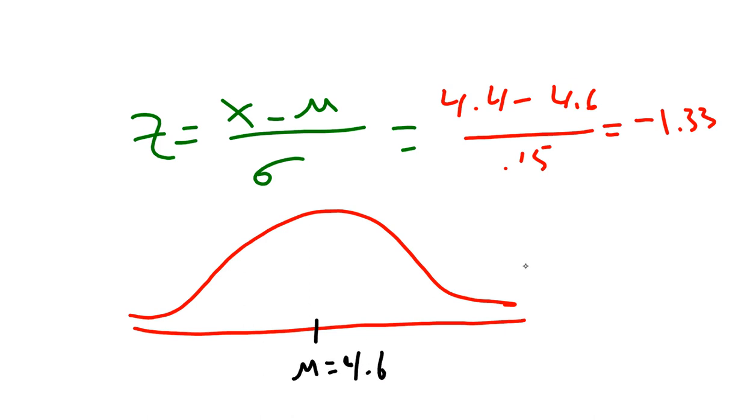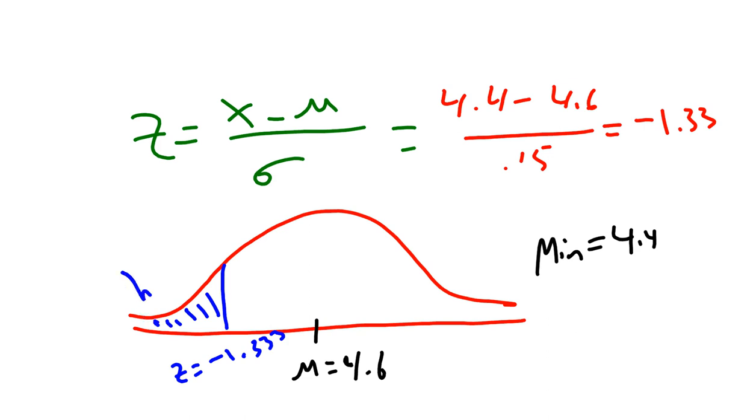And our minimum in this distribution, according to the problem, was 4.4. So here's where the problem lies. 4.4 isn't even 2 standard deviations away from the mean. It's only right here, at z equals negative 1.33. It is negative 1.33 standard deviations below the mean, which means there's still a considerable amount of area here that should be accounted for. If we want, we could find it.